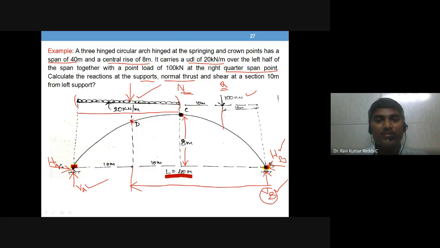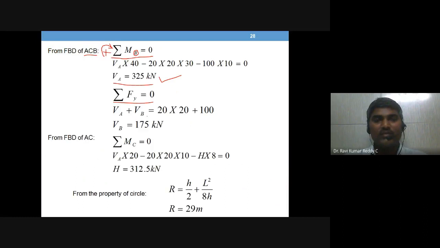So this is how the vertical forces are to be counted. VA and VB are both upwards. Again, you fix the direction, maybe upward positive I have taken here. So VA plus VB minus 20 into 20 minus 100 is equal to 0 is the equation.